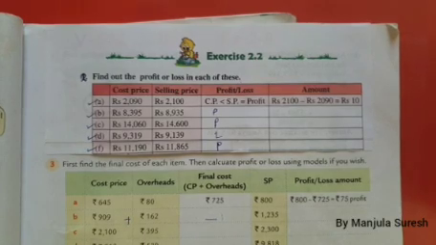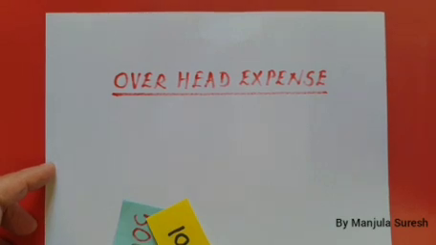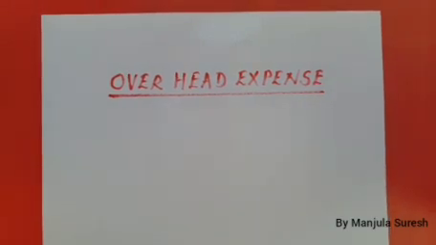Now let me introduce what is overhead expense before doing question number 3. In a transaction, sometimes we need extra expenses. Just like suppose we are buying a table, we need transportation charge.